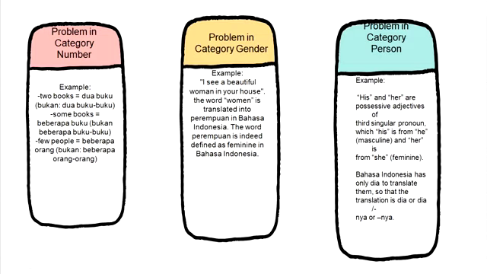Example of problem in category person. His and her are possessive adjectives of the third person singular pronoun, which his is from he and her is from she. Bahasa Indonesia has only dia to translate them. Example of problem in category of tense.